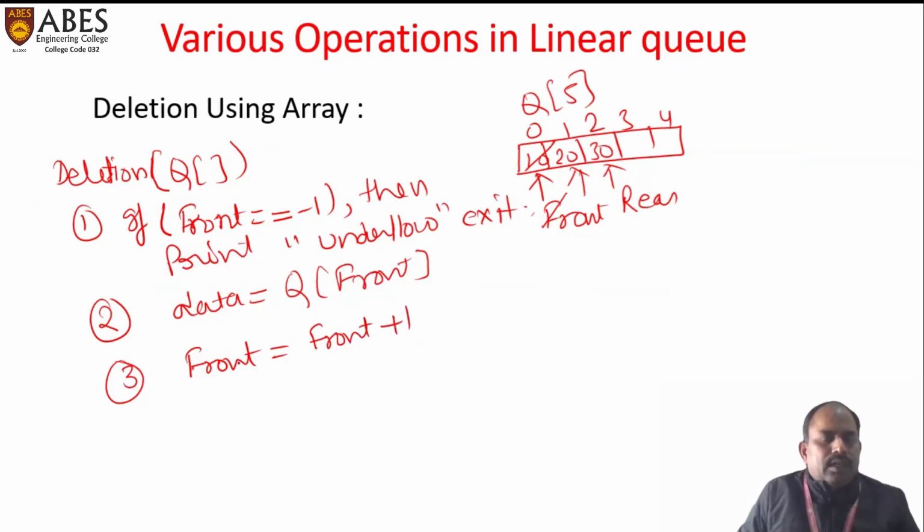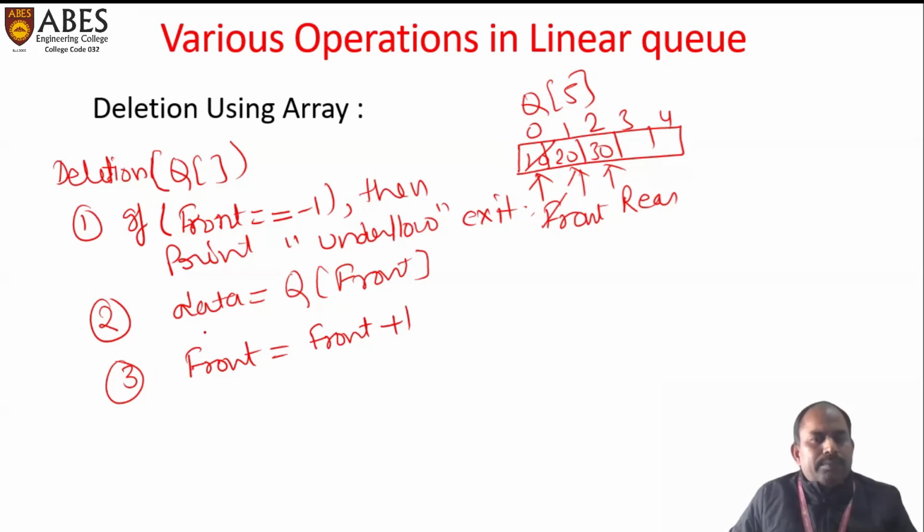If the value of front is at 0, we can increment it to 1. If the value of front is 2, we can increment it to 3.